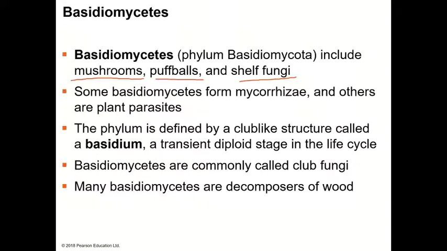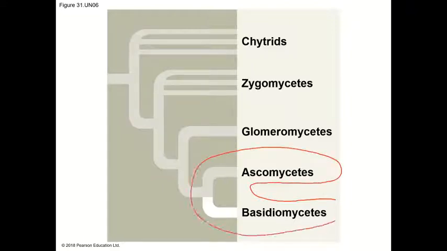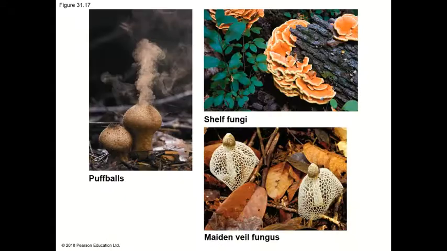They are known as basidiomycetes because they form club-like structures known as basidia, or basidium. Because of that, they're also known as club fungi. Again, the basidiomycetes are the sister taxon to the ascomycetes, as we see here.